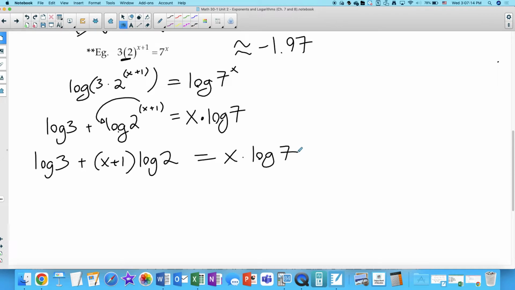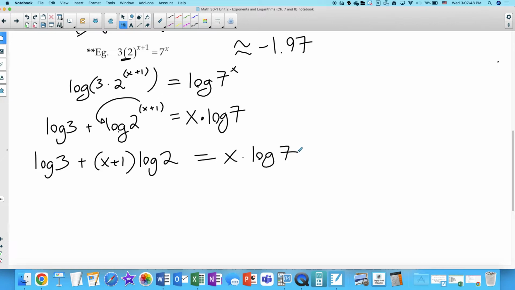Okay. Where do you think I'd go next? Okay, so I could divide, right? And I can see where it would be really enticing to do that, because then you have x isolated, but you'll have x in terms of x, because there's going to be an x on this side.